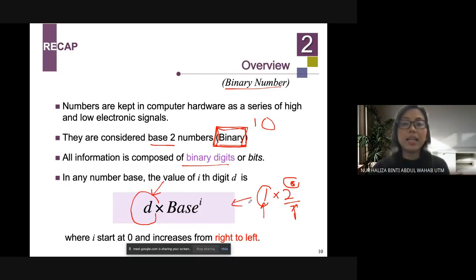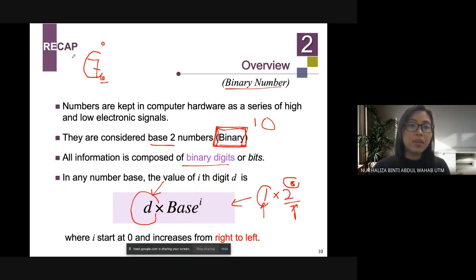Let's say I give you a simple example. We have 7. This is my favorite number. Let's say you have 7 and you know that this is basically decimal, which is base 10. So how it basically happens over here is, this 7 is at the power of 0.